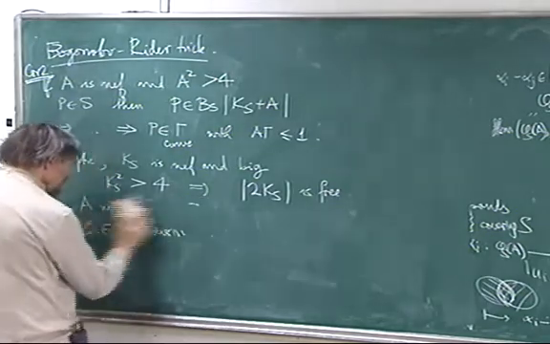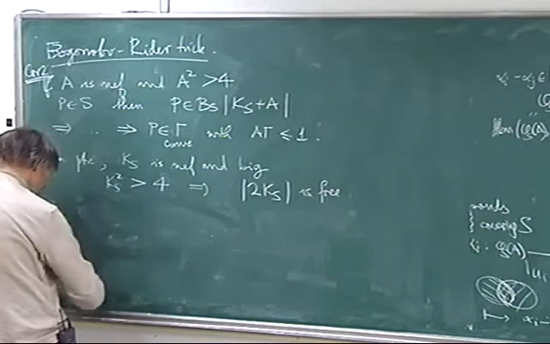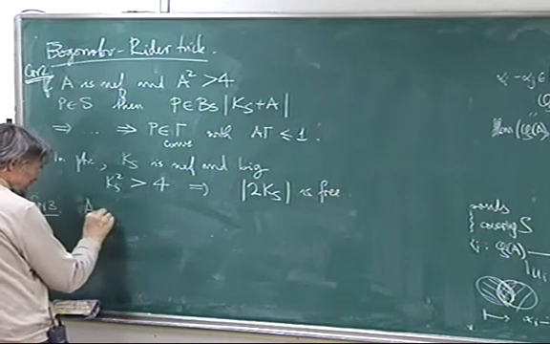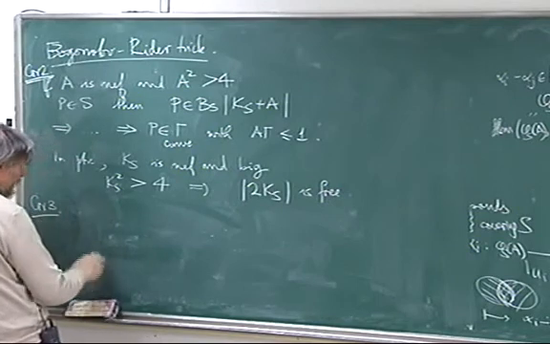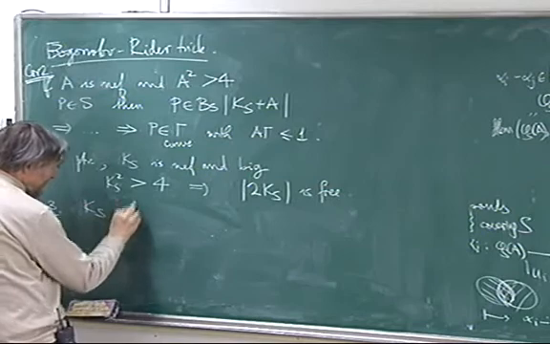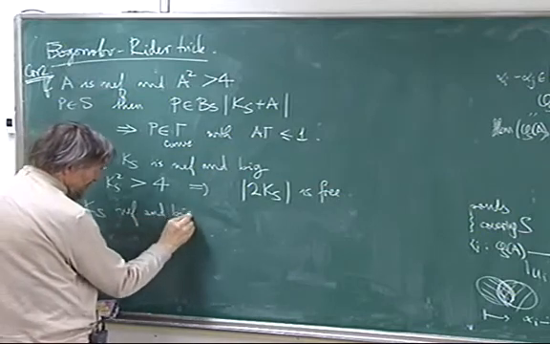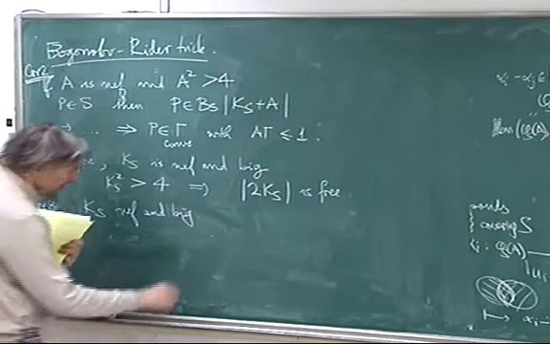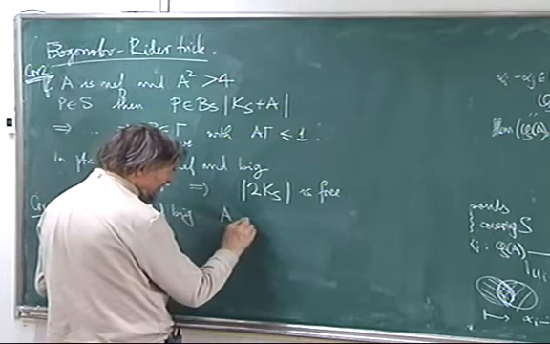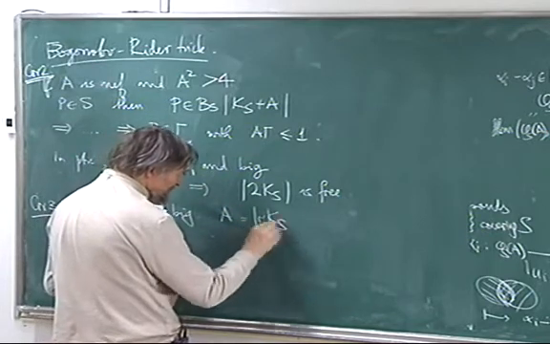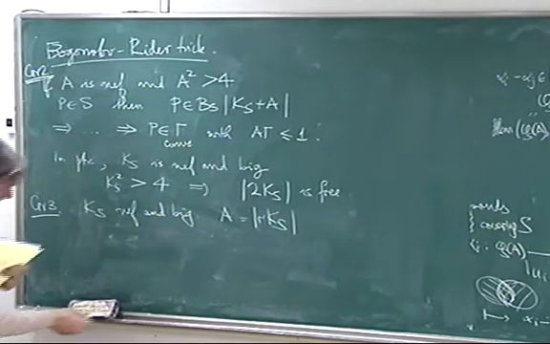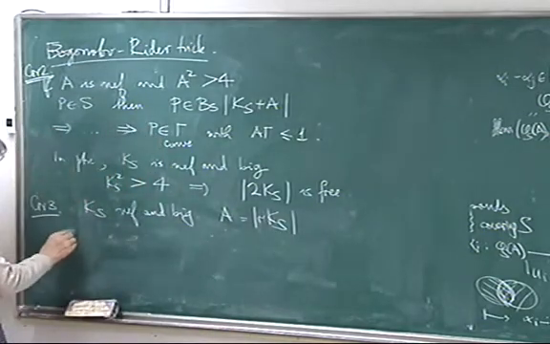Let me just say, I want to take KS nef and B. So I want to be in the situation where we've got a minimal surface of general type, and A is R times KS. I'm thinking that R is 1, mostly 1, but the same things will work in some other cases.